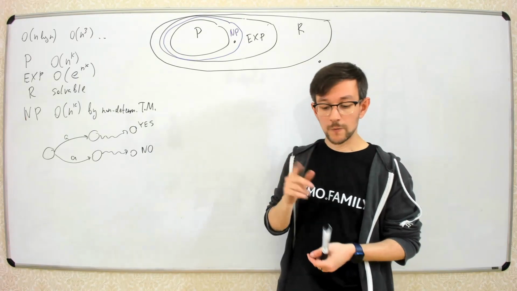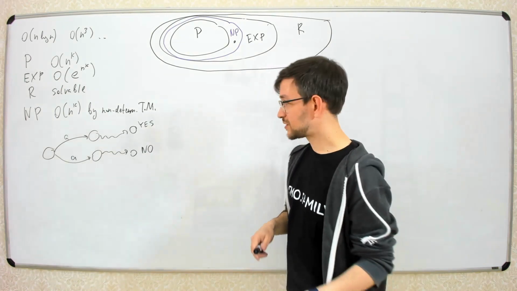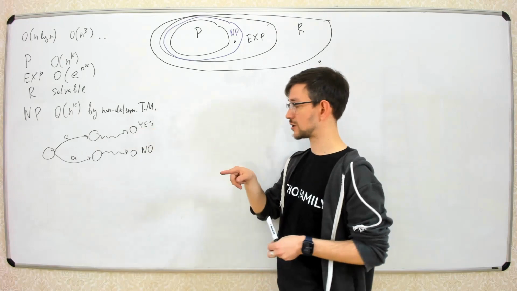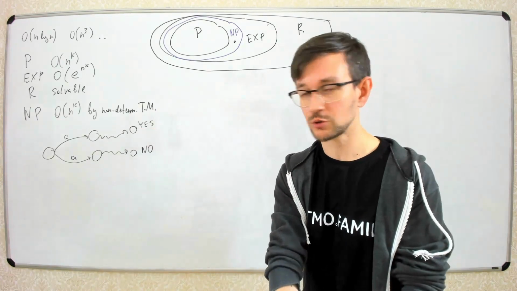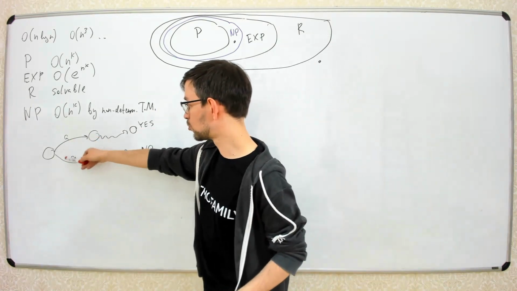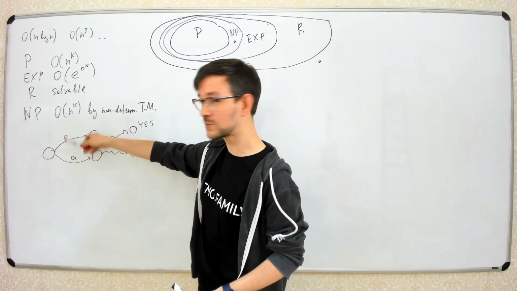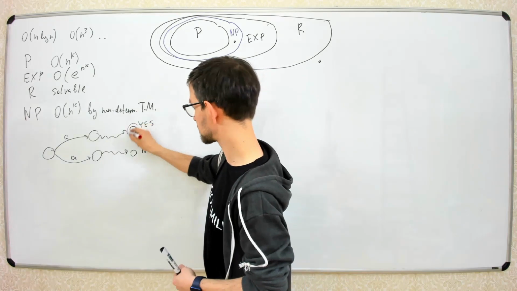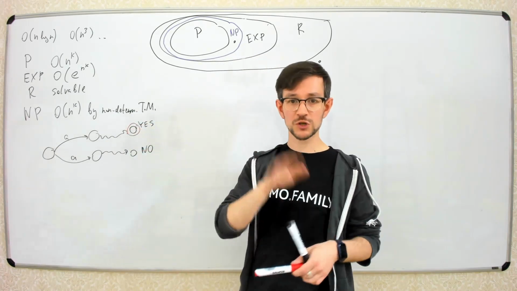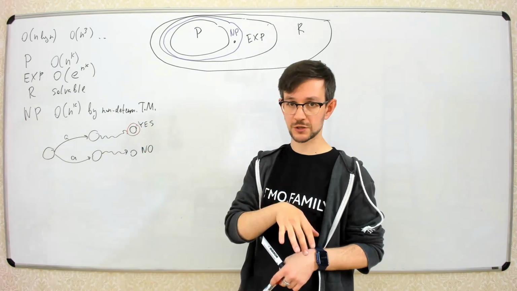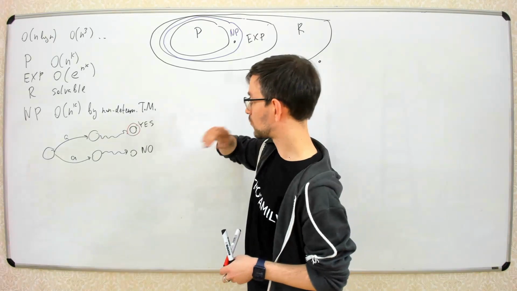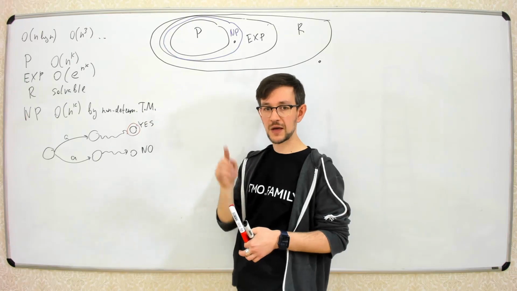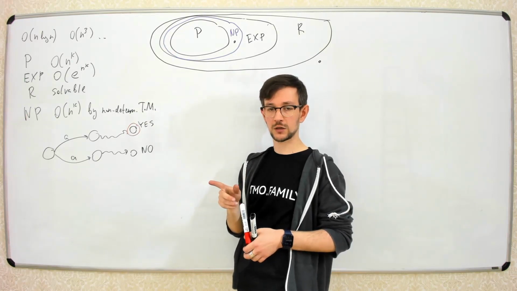Now, the person who helps you actually wants you to make the answer yes. The person who helps you choose between these two transitions wants you to go into this yes state. So if it is possible to make any choices which force you to move into this state, then you will be in this state in the end.